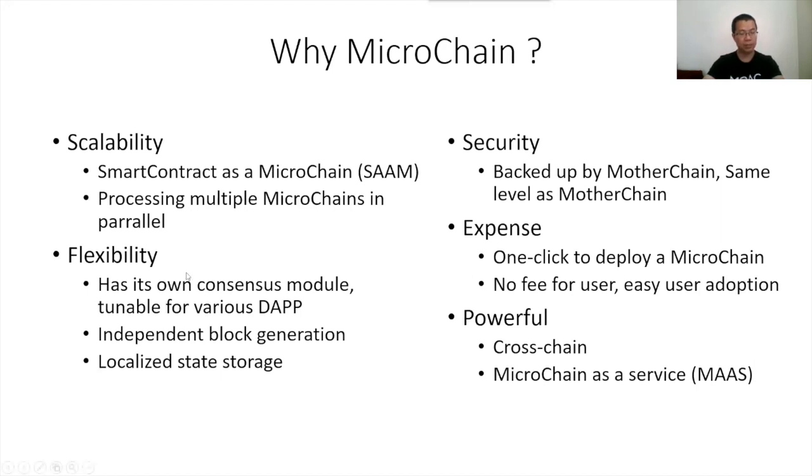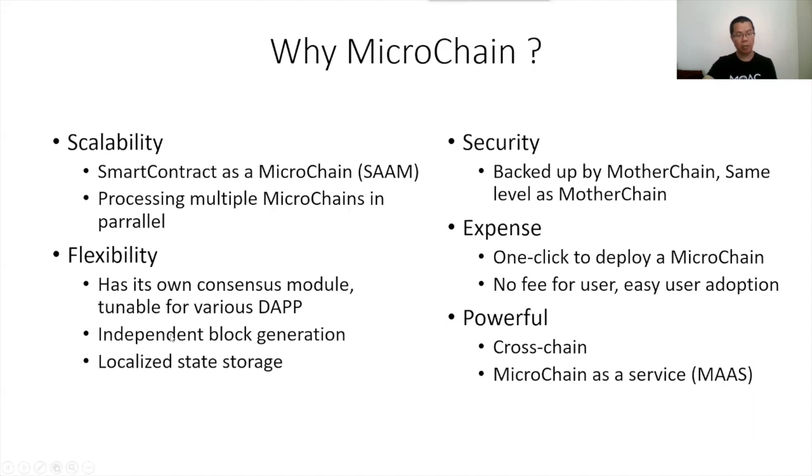And flexibility. Each microchain can have its own consensus module, consensus protocol, which you can choose. You can always select from the standard pool, and we will provide one called proc win. It's like a POS consensus protocol. But you can always customize and create your own consensus protocol.